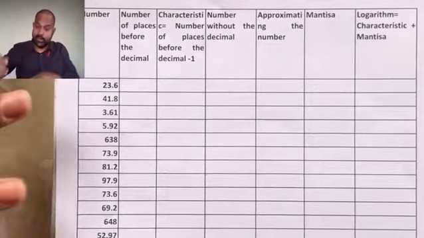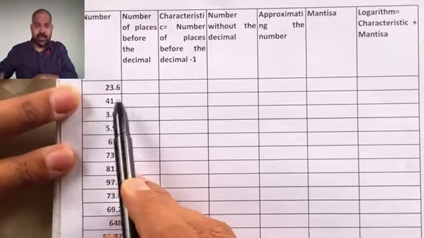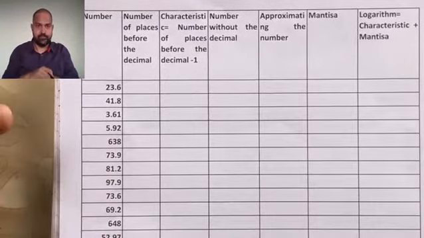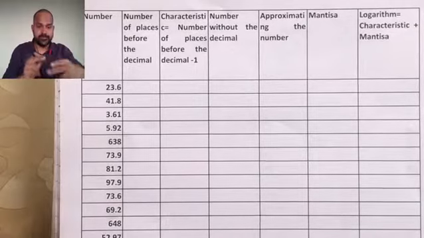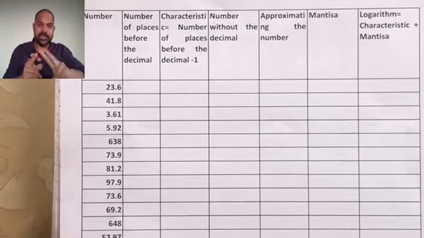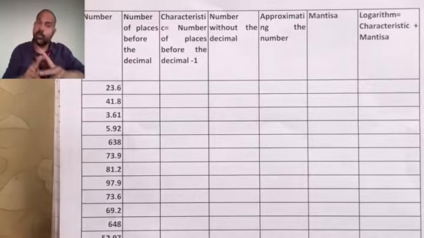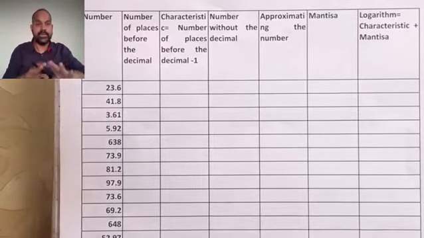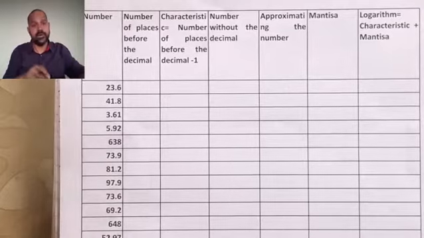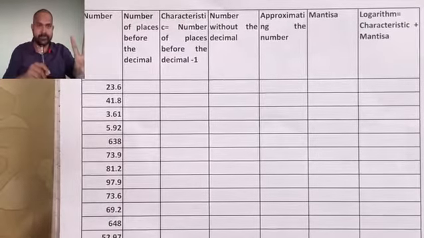So I have to take the log of 23.6. Log of a number has two parts. One part is the characteristic, the other is the mantissa. The characteristic you decide. What do you mean by you decide? It is the number of places before the decimal minus 1.